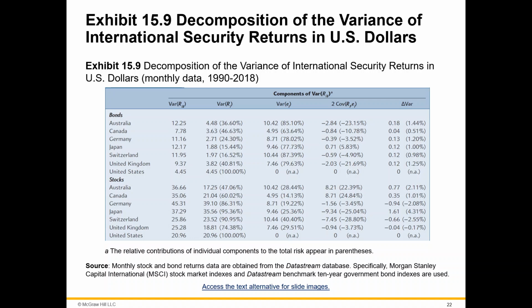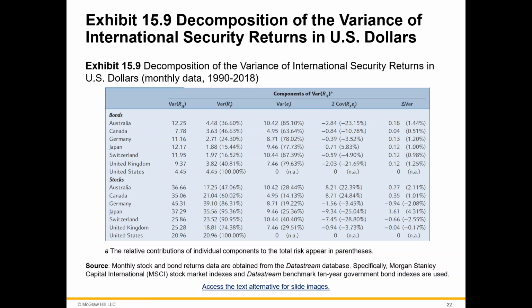So here is an overall decomposition of international security returns from the perspective of a U.S. investor. Germany is the riskiest stock market to invest in, more than double the risk of the United States. And where is this coming from?